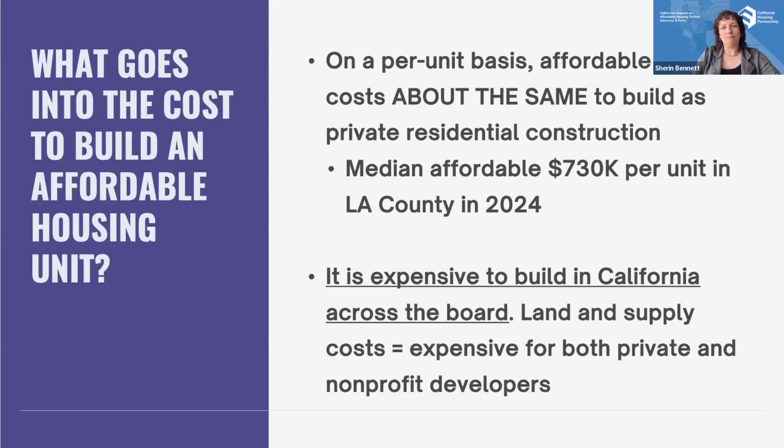We see smaller unit sizes in general because it's affordable housing, particularly in the recent drive towards more permanent supportive housing and special needs housing. Those tend to be studios or one bedrooms as opposed to larger family units. Those developments also have more robust community and service space provision and need larger operating reserves. So all of that builds up the costs.